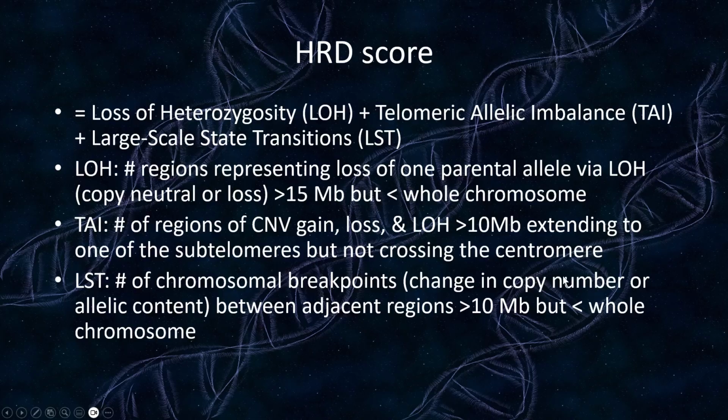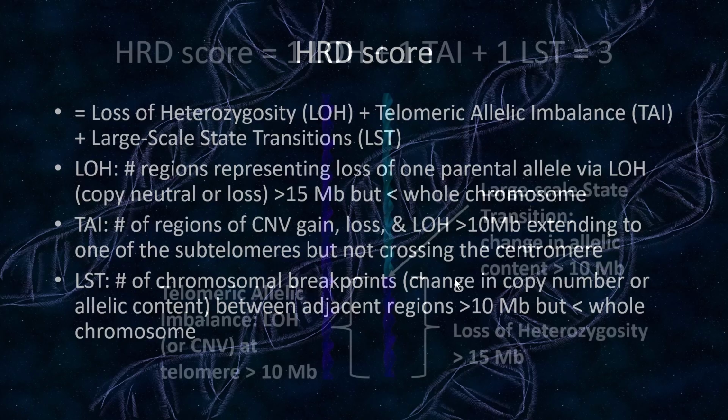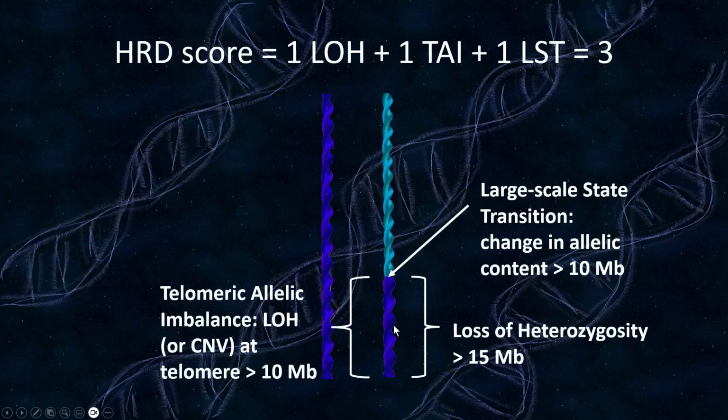So when it changes over to a different kind of allelic content where there's a deletion, duplication, LOH, that'll count as 1. And so again, if you're counting this up, it would be over all of the chromosomes, over all of these changes. But one change can count as multiple, so this alone counts as 3 towards our HRD score.